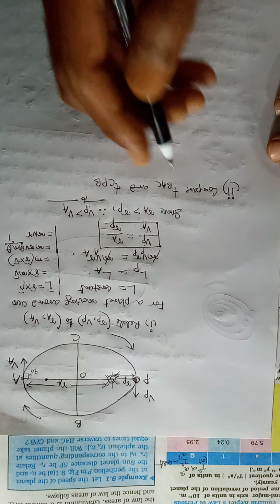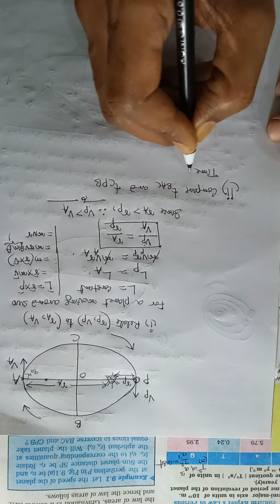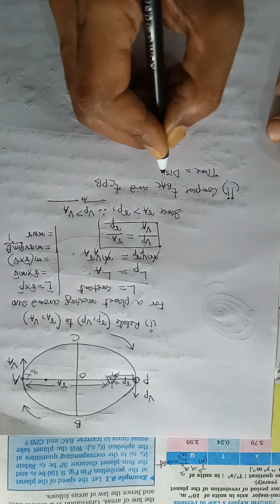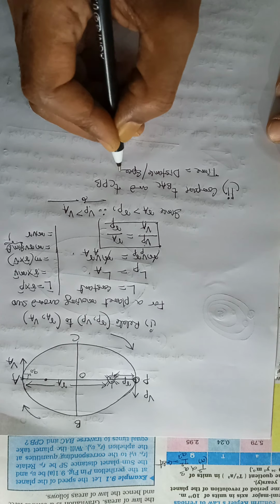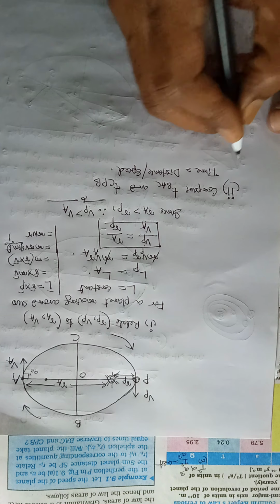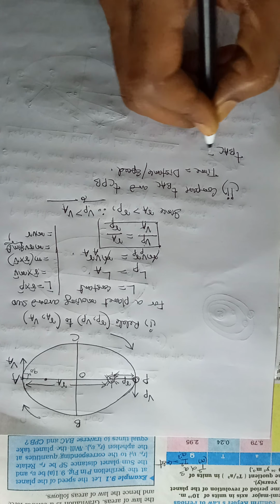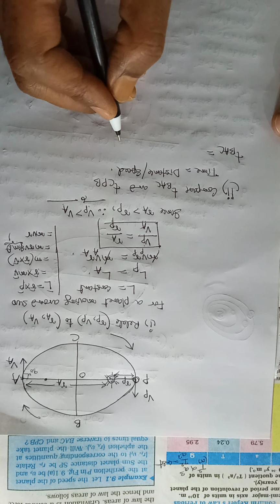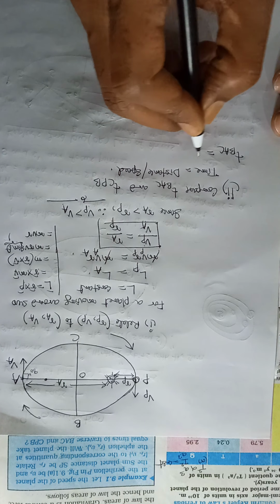So time is equal to distance by speed. Time is equal to distance by speed. Now T BAC. So what is the distance BAC?